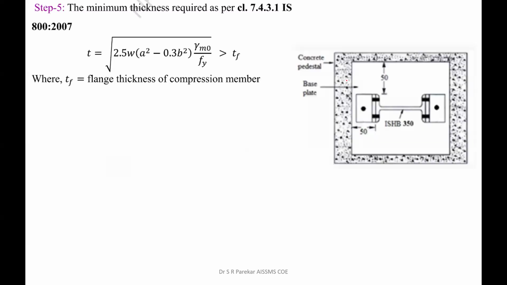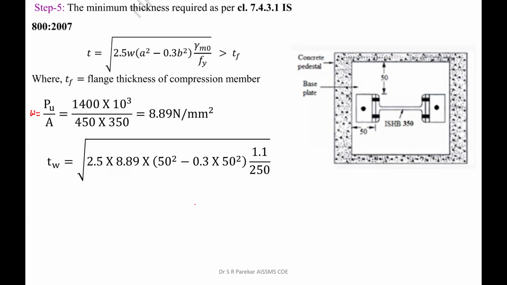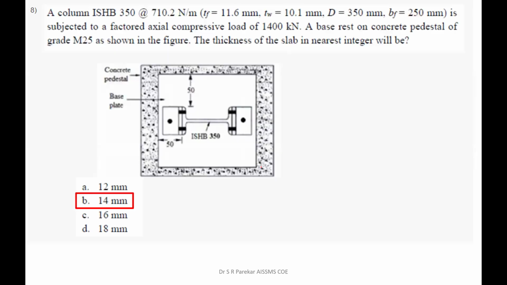And therefore we will get this value, Pu upon A. So 450 upon 350, so we have this value W. Then A and B we have both 50. So we put it in, and from this, 2.5, W is 8.89, A is 50, B is 50, gamma m 1.1 upon 250, and we will get 13.08 millimeter. And in the options we have 14 millimeters.